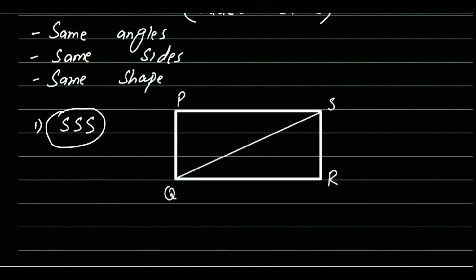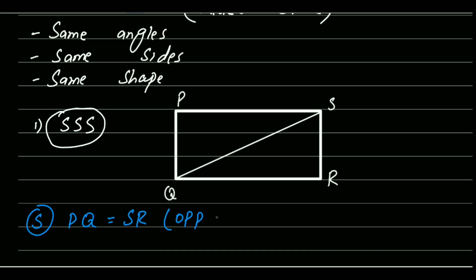So how to prove that these two triangles are congruent with the help of SSS? The first thing is S. So we can see PQ is equal to SR. We should know the reason how they are equal, so we have to write the reason.